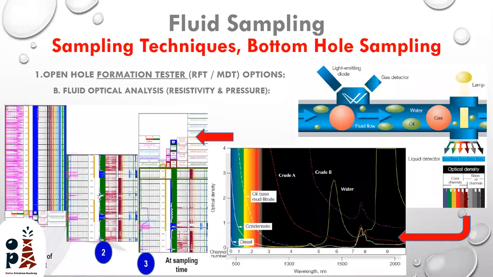At the beginning, as we see at one, it is mud filtrate, so it is labeled as blue. Then the oil fraction increased until all the sampled fluids represent the reservoir fluid. At this stage, we can start the sampling process.